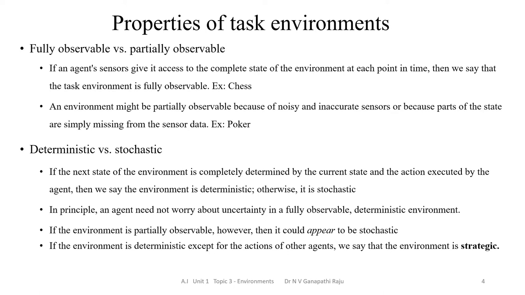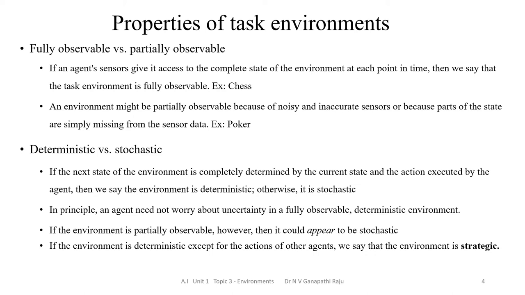Let us discuss fully observable first. If an agent's sensors give access to the complete state of the environment at a point of time, then we can say that the environment is fully observable. Whereas an environment might be partially observable because of noisy and inaccurate sensors, or because parts of the state are missing from the sensor data.